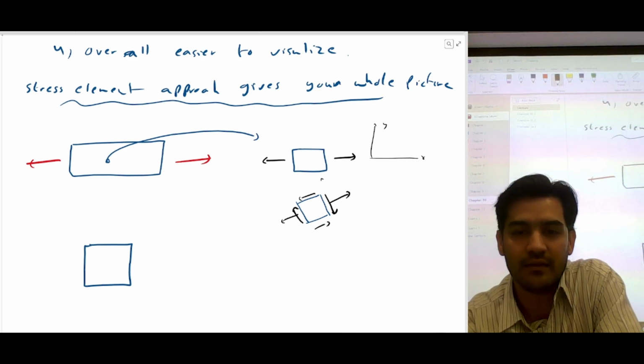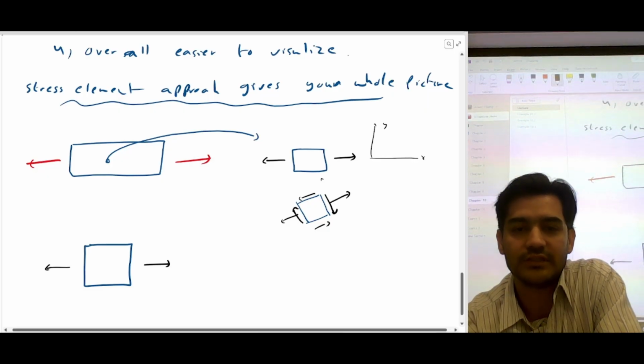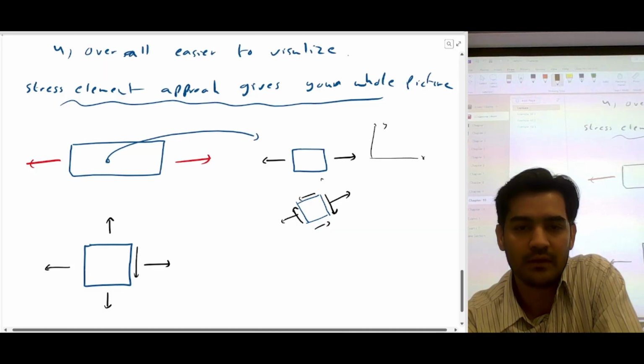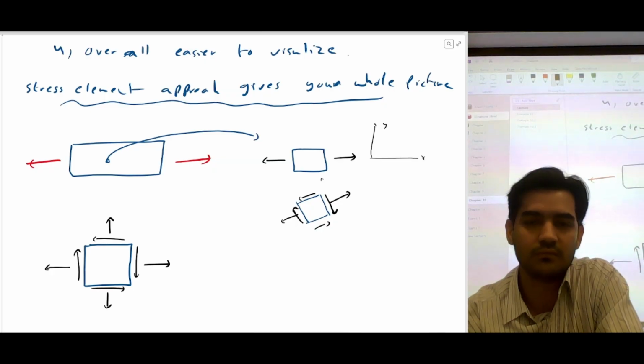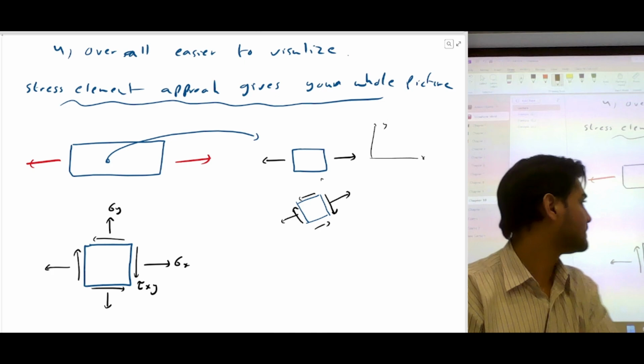But let's just say we have come up with a stress element, right? So this stress element will have two normal stresses and shear stresses. This is a normal stress, stress X, this is a normal stress, stress Y, and then this is a shear stress.